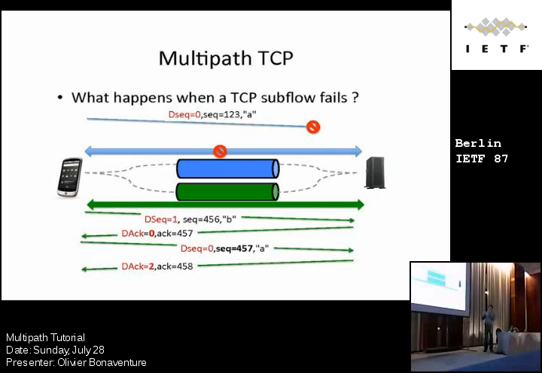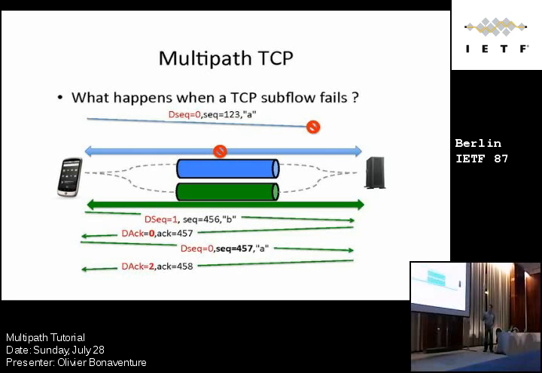So first, at the TCP sequence number level on the green subflow, the acknowledgement will be for 457 because I acknowledge the reception of byte B. Then, at the data sequence level, I haven't yet received byte 0, so the acknowledgement that I can provide at the data acknowledgement level will only be for sequence number 0. So I acknowledge sequence number 0 at the data level, and I acknowledge 457 at the subflow level.